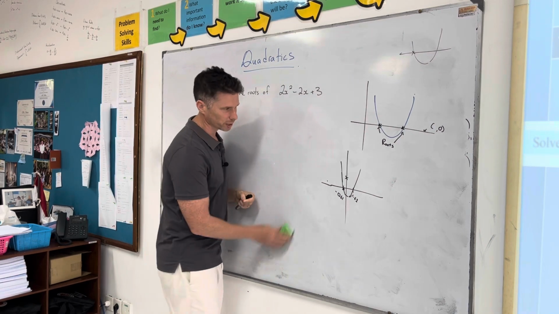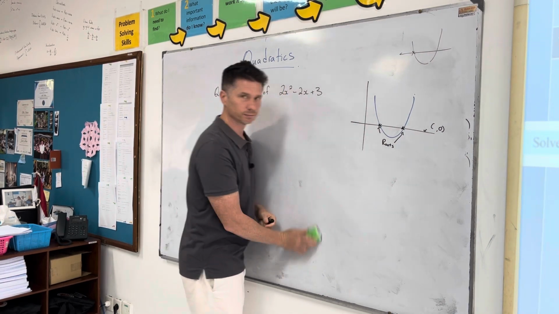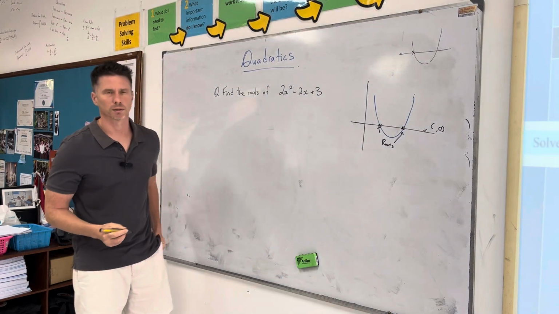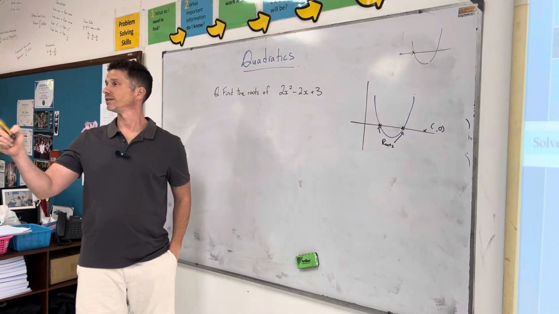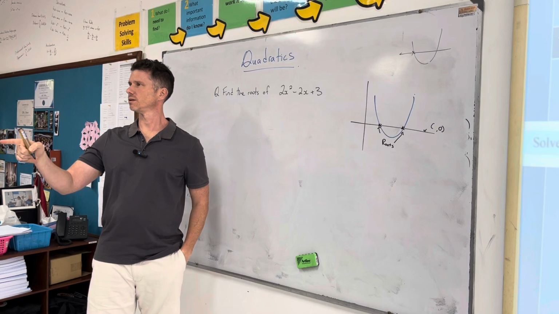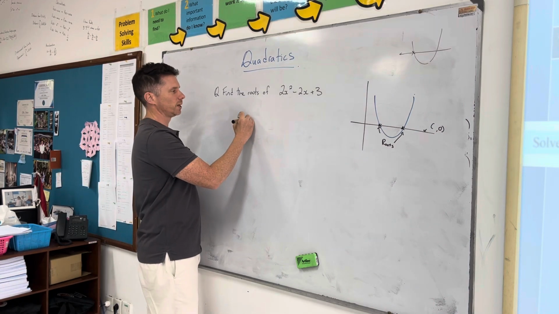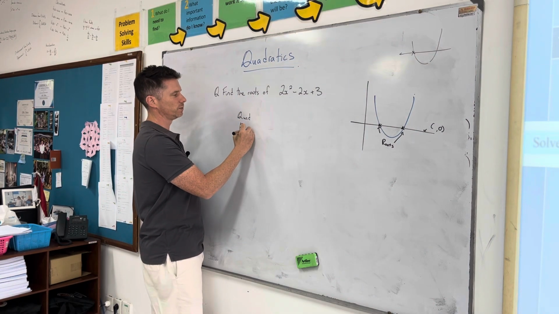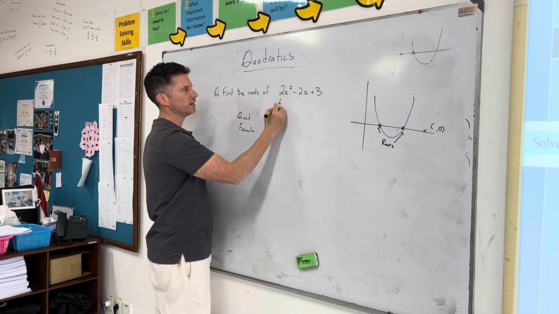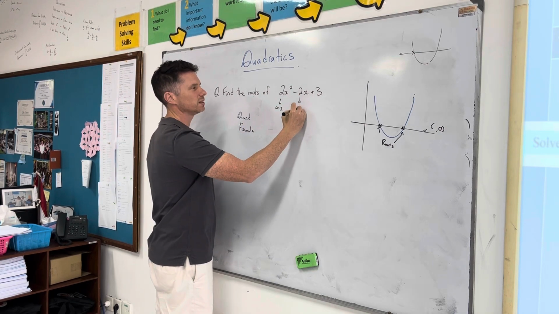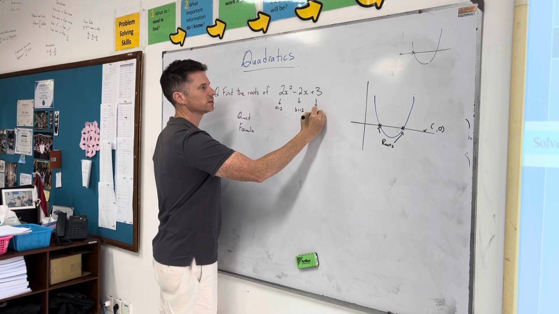What was the problem we encountered? What method did you use first before your answer? The formula. Okay, so let's use the quadratic formula, just in case you had forgotten how to use it. a is 2, b is -2, and c is 3.